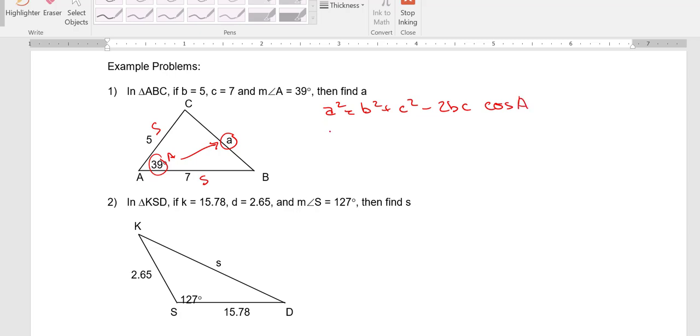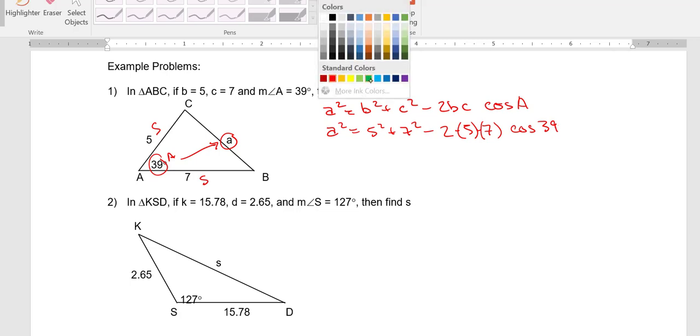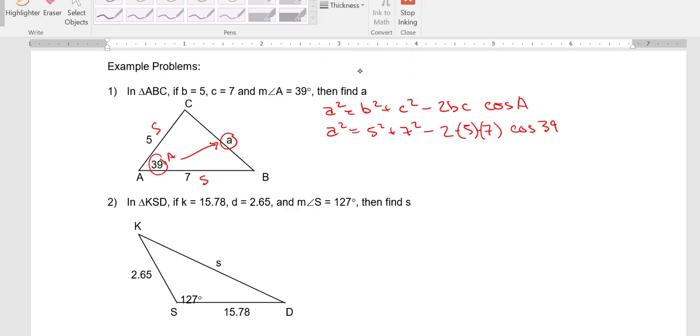Let's plug stuff in. So it's going to be A squared equals 5 squared plus 7 squared minus 2 times 5 times 7 times the cosine of 39. Now, the first thing you need to know is order of operation wise, this whole piece belongs together.